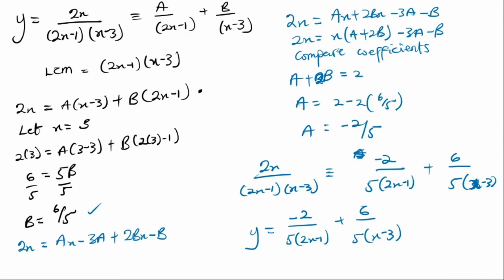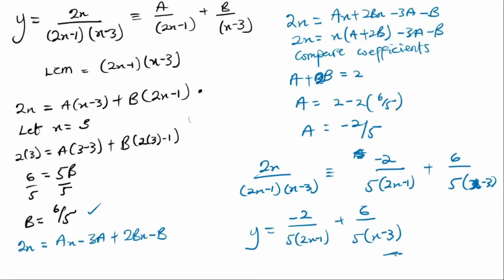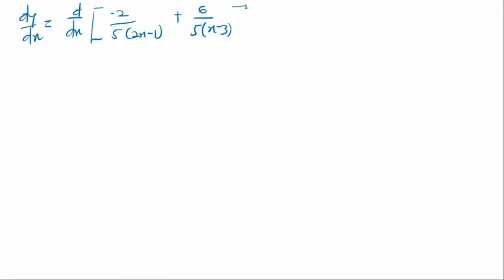Our final answer. Alright, so if we are to differentiate the function, that is this function over here, this is what we get. So we have our dy dx now being equal to d dx of the function negative 2 on 5, that is 2x minus 1, plus 6 on 5, x minus 3.